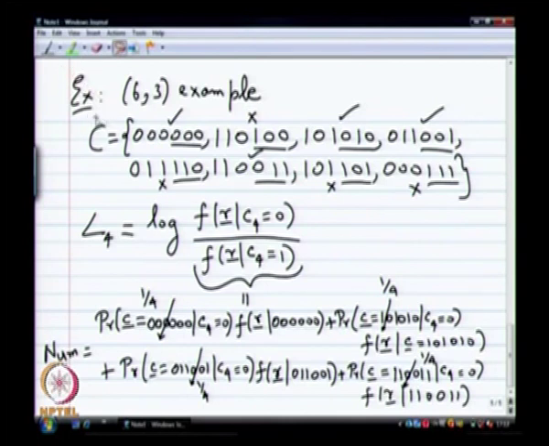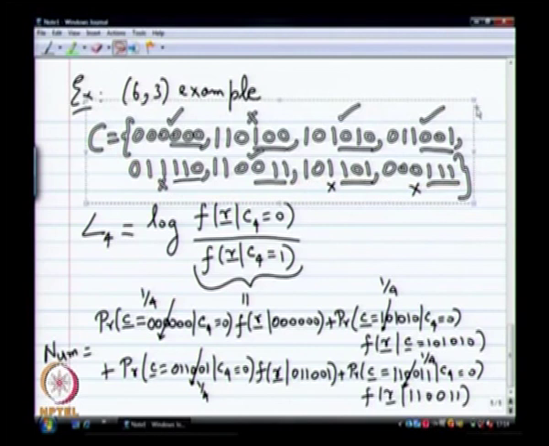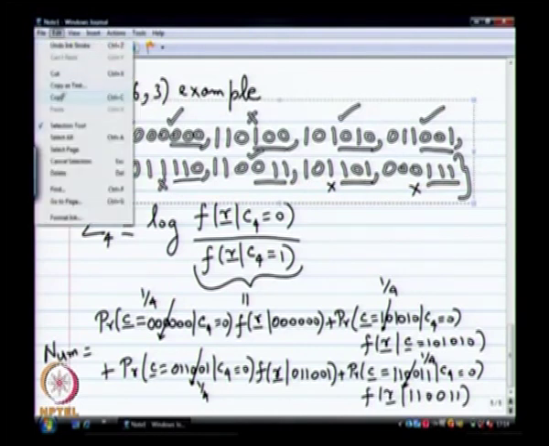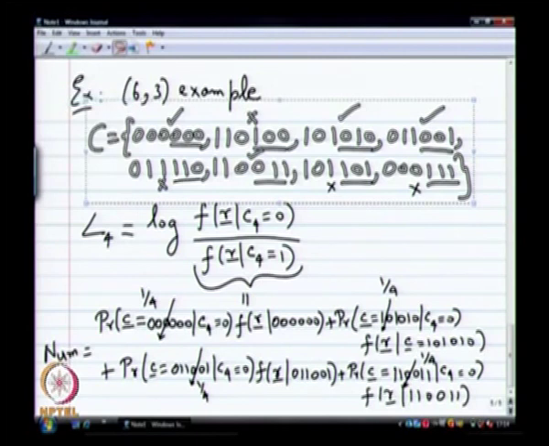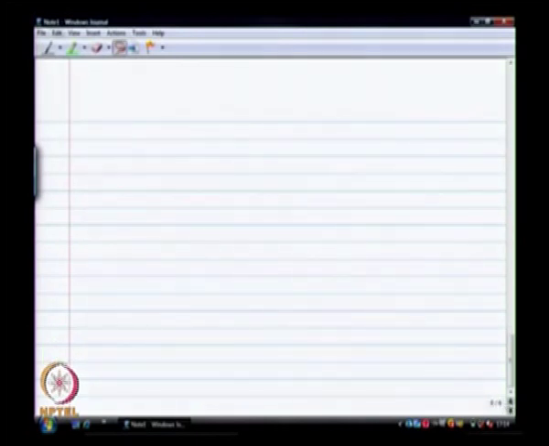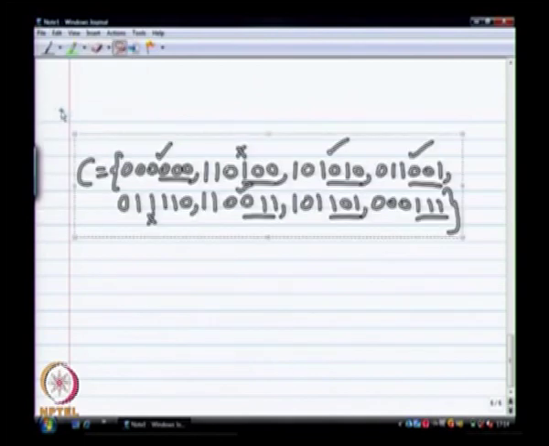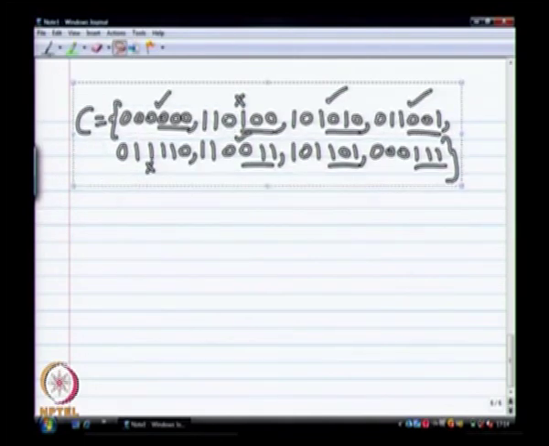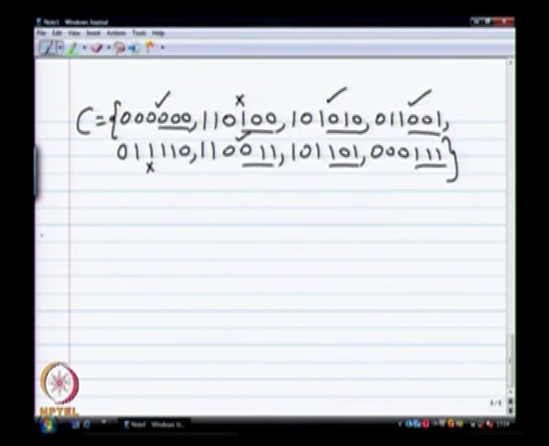Let me see. There you go. Copy. There you go. It's not bad at all, huh? Okay. So that's the code.